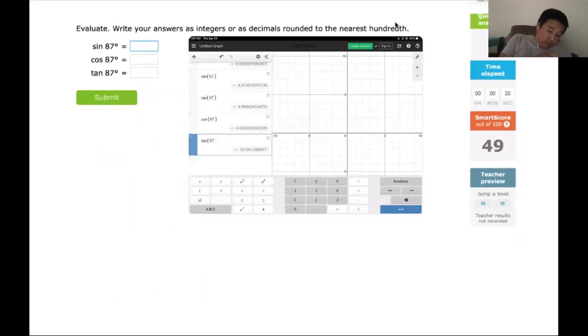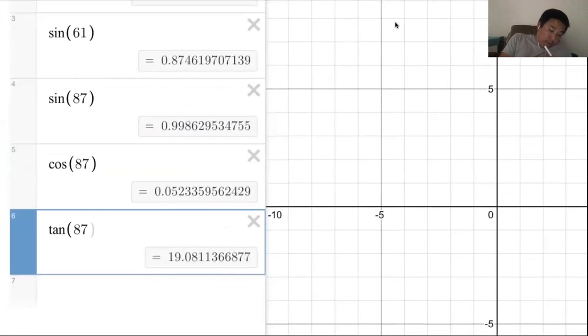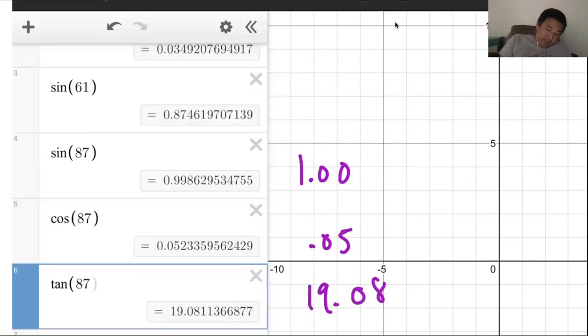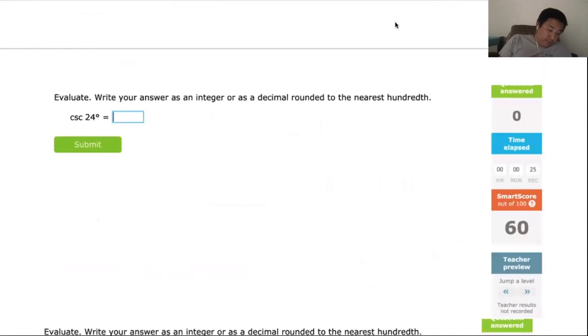This rounds to 1.00, 0.05, and then 19.08. So just be careful about rounding.